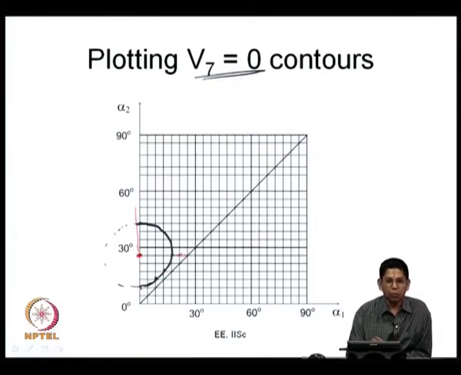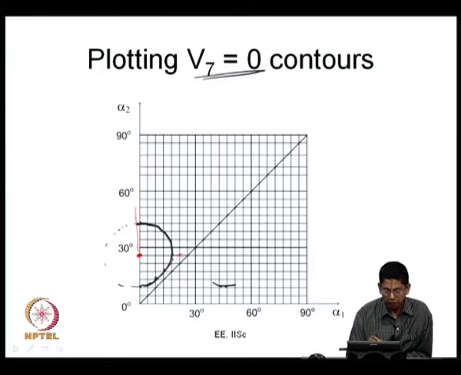So, if I shift alpha 1 now by 360 by 7, which is something like 52 degrees, a little less, 51.4 degrees or so, then 7 alpha 1 increases by 360 degrees and cos 7 alpha 1 is unchanged. So, all these curves can really be shifted. So, it is somewhere around 51 degrees you will get that. So, you may get a curve which is going around.